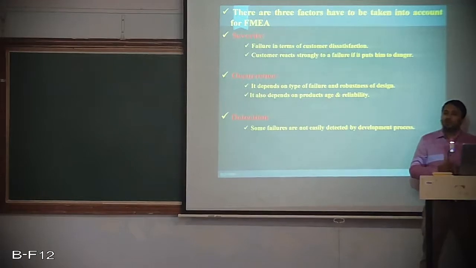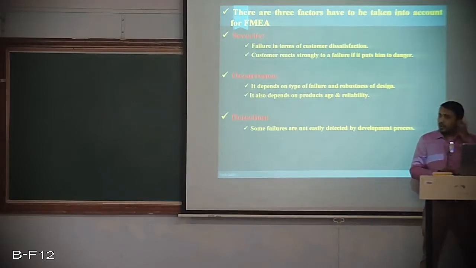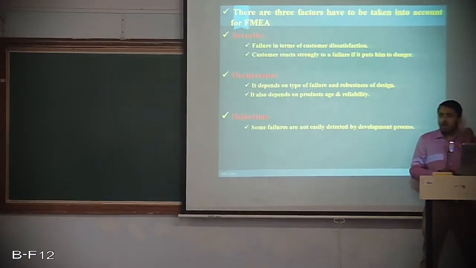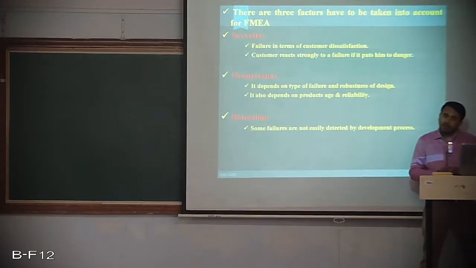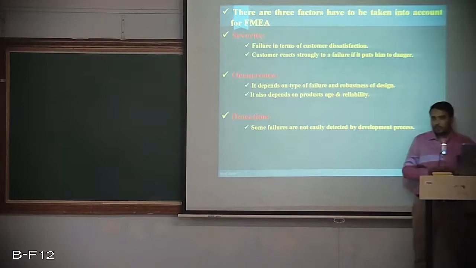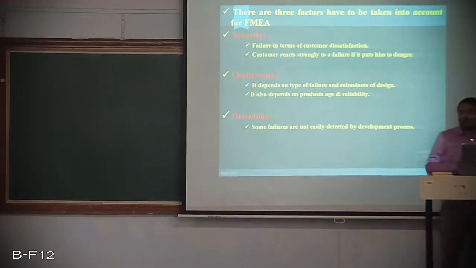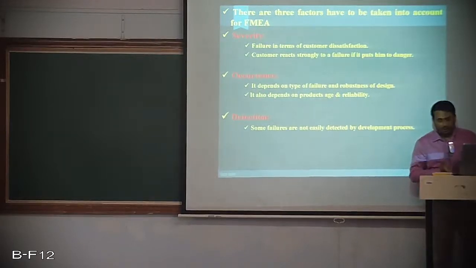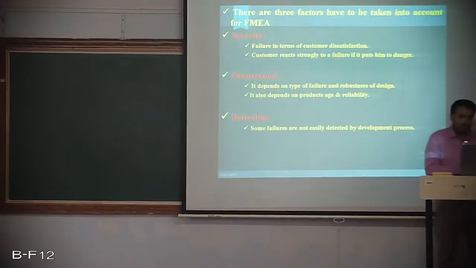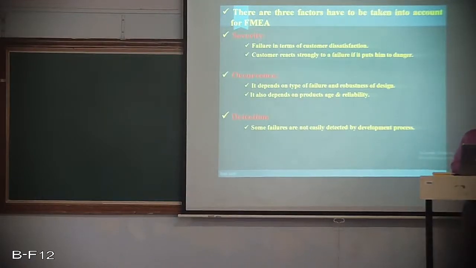It again depends upon how old or new the component is, the environmental condition it is put in, how the customer is using it, and whether he is following the guidelines given on the product. Basically it defines the reliability, which is nothing but the mean time between failure.